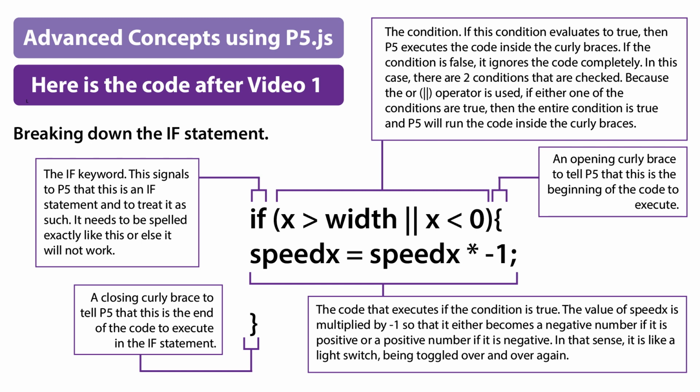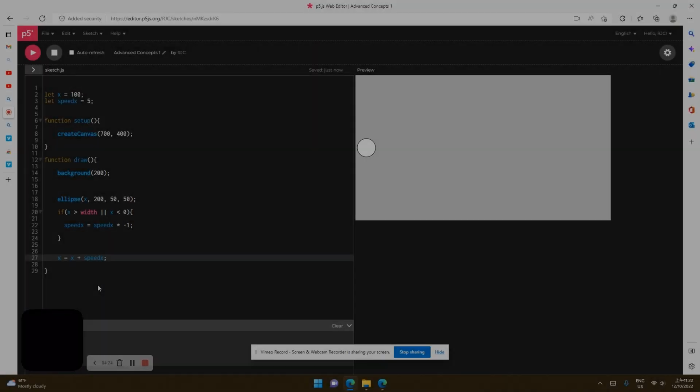So with the or operator, what happens is that if one of the conditions is true, then the whole condition is true, and then we can execute the code inside the curly braces. If both conditions are false, then the whole thing is false, and then we won't execute the code and we'll just skip it completely.